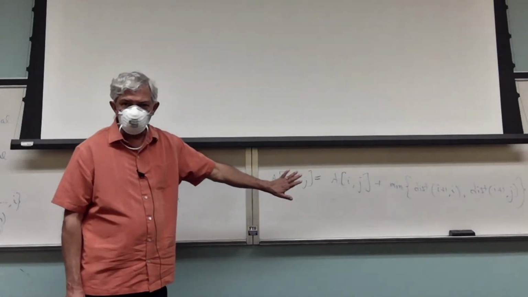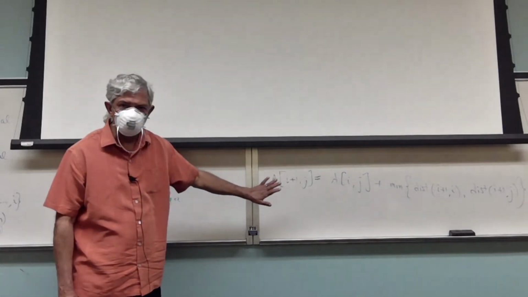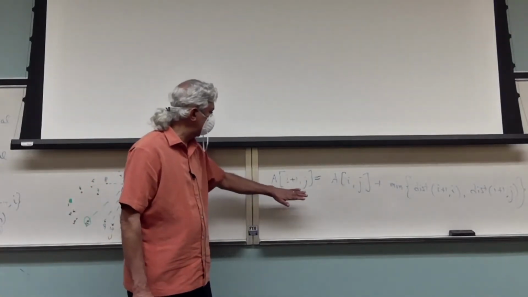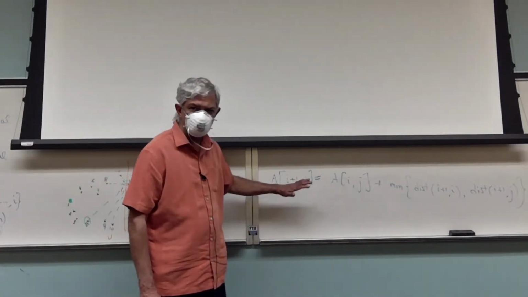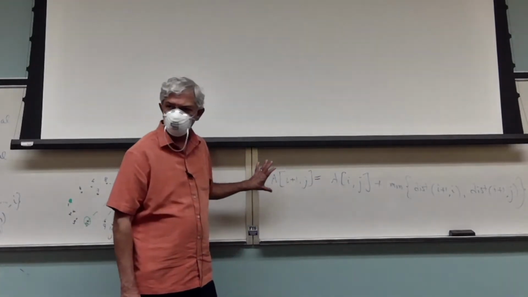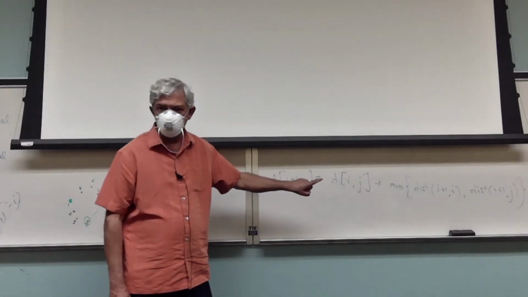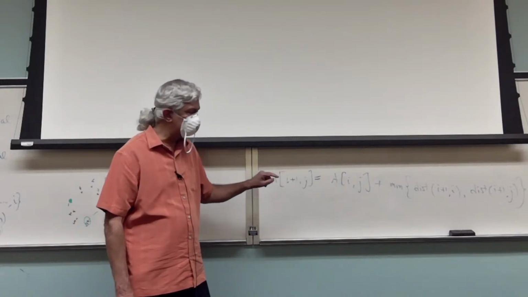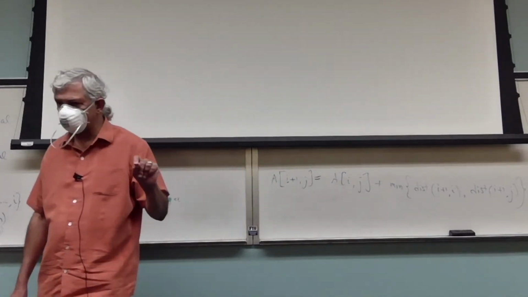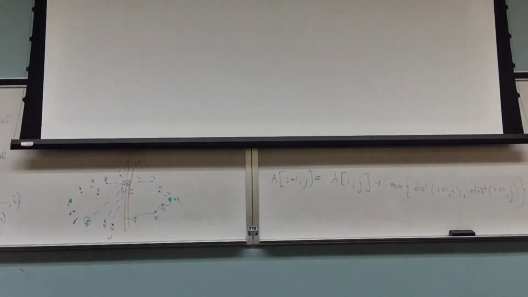So that's the general approach for J. And so you can write down a recurrence for A of I plus 1 J in this manner. Okay? I don't know if this made sense to you. Any questions?